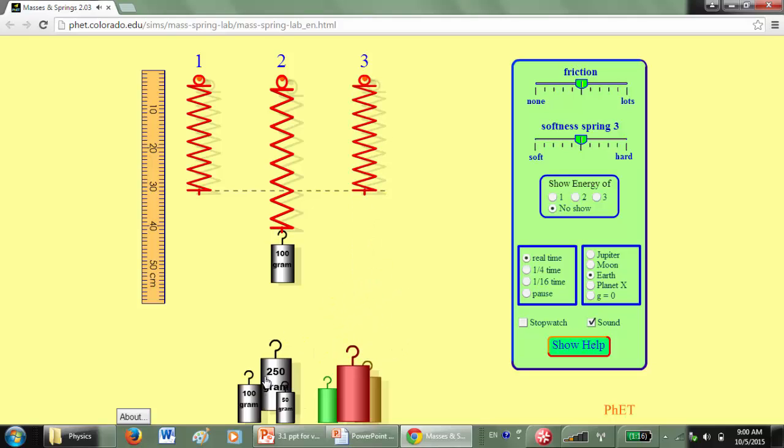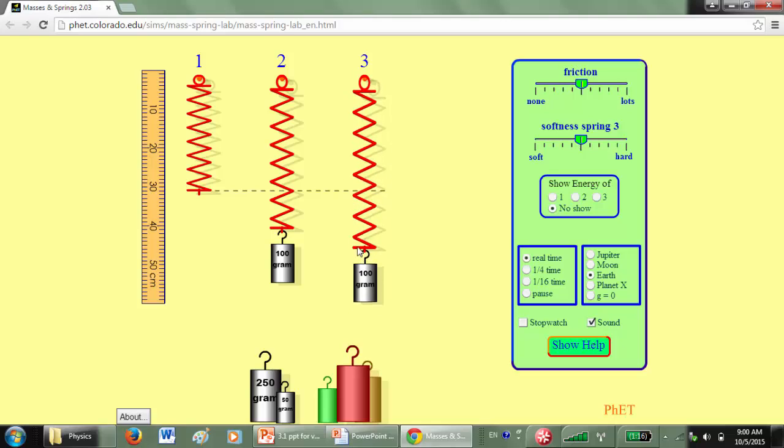If we want to talk in particular about the energy here, I'll keep this one at 100 grams and it's steady and we're not going to move it, but let's change the spring constant of this third spring. It has the same mass on it, so if the spring constant is the same like they are now, they'll have the same length.